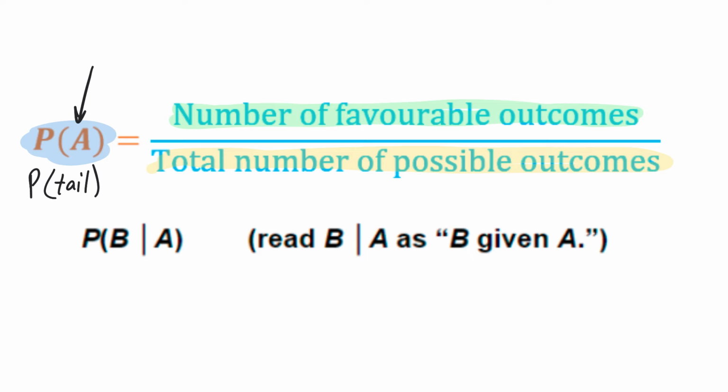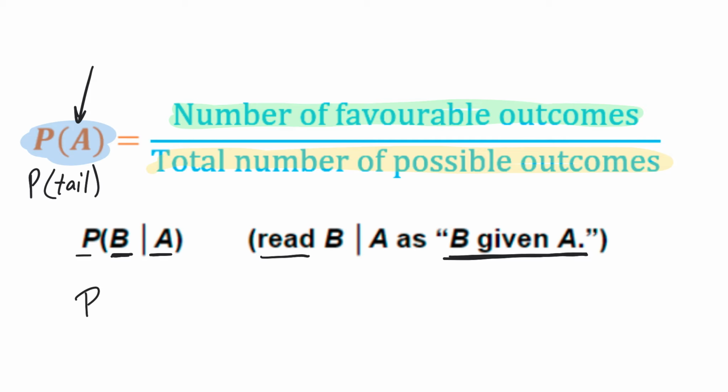I want you to notice how this is written. We have the capital P, which again stands for probability. And then we have B, we have a vertical line, and then we have A. The way this reads is the probability of B given that we are talking about A. So we can use entire words on this.